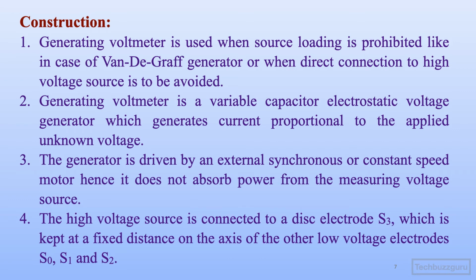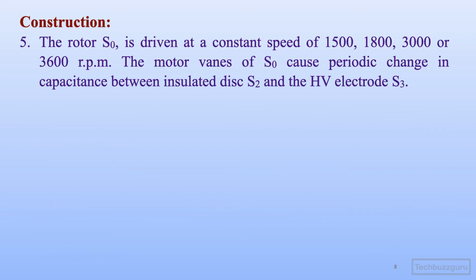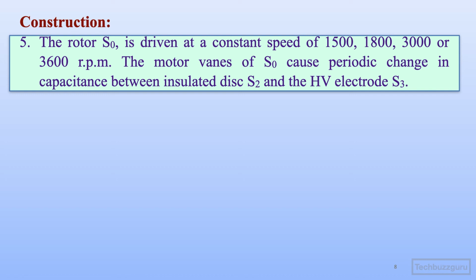The high voltage source is connected to disc electrode S3, which is kept at a fixed distance on the axis of the other low voltage electrodes S0, S1 and S2. This is the fourth point. Let us come to the fifth and the last point under the constructional details. The rotor, which is the rotating S0 vane, is driven at a constant speed.